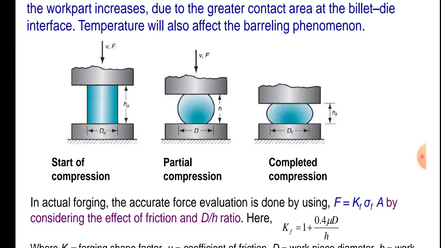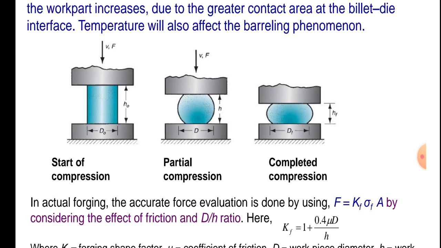We will see that D and H are the diameter and height of the partial compression with force F and velocity V. The completed compression is shown in the third figure, in which DF and HF are the diameter and height of the completed workpiece.